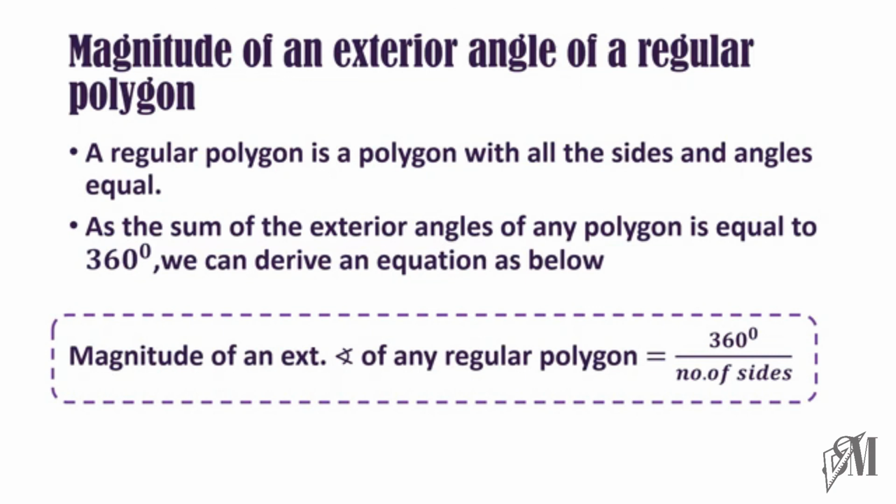In a polygon, you should remember the number of sides and the number of angles will always be the same. So, if you divide the sum of exterior angles by the number of sides, you will get the magnitude of one angle. So let's see whether this can be applied in an example.